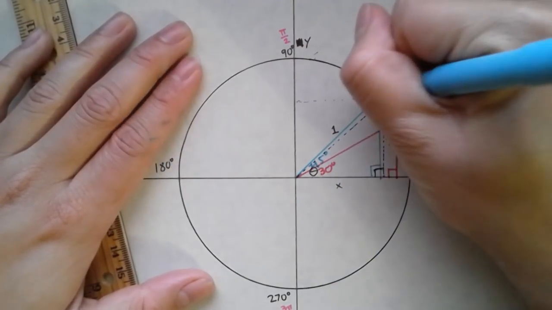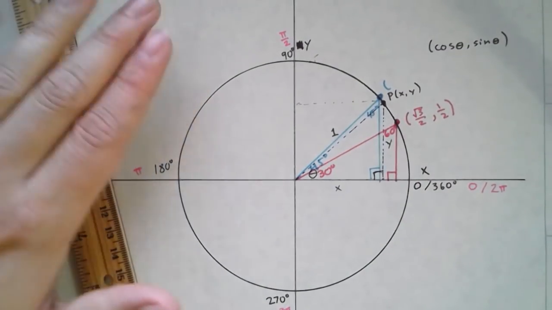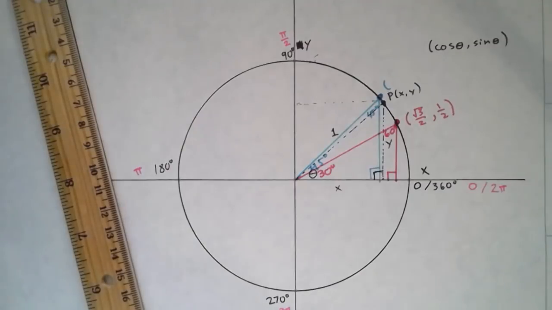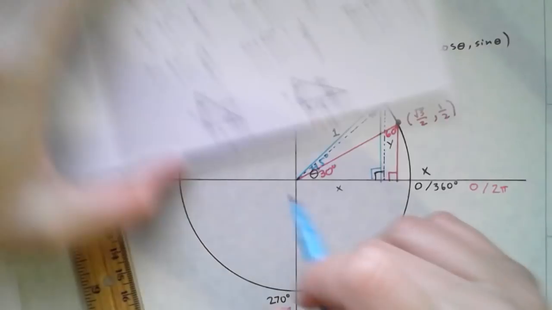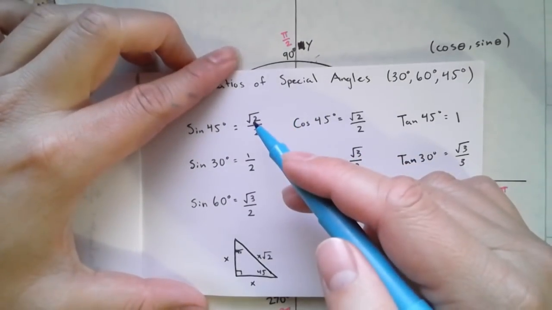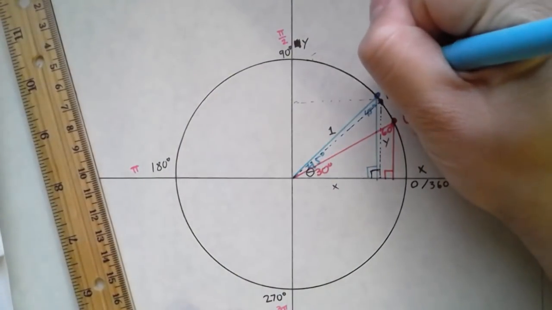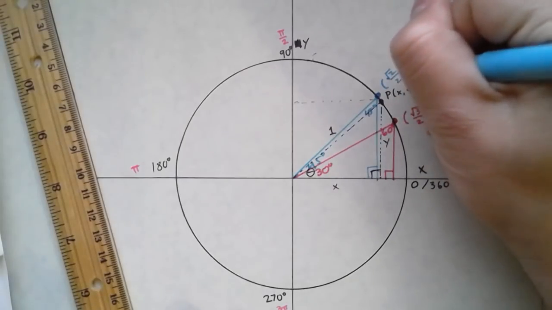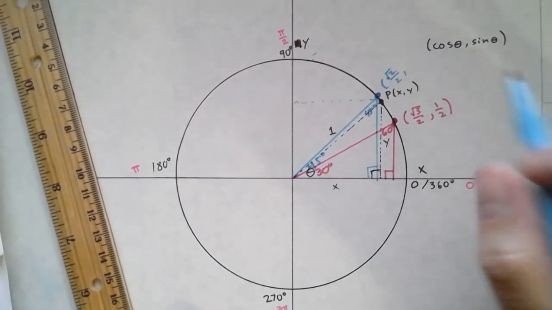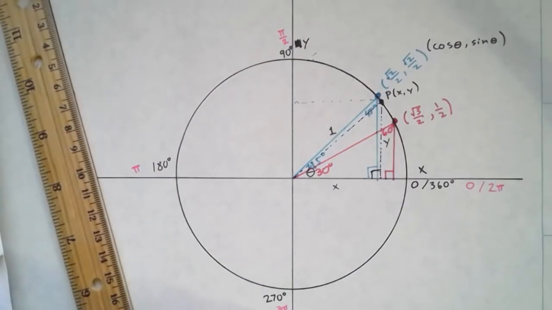And then here's going to be my point. That's the one I'm finding. So then, what is cosine of 45 and sine of 45? Concept 50, we already did this triangle. They're both radical 2 over 2. So here, x is cosine theta. Cosine of 45 is radical 2 over 2. And then sine of 45 is also radical 2 over 2. And that's it. I found P of x, y there.